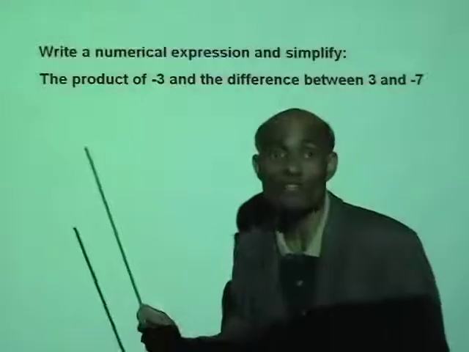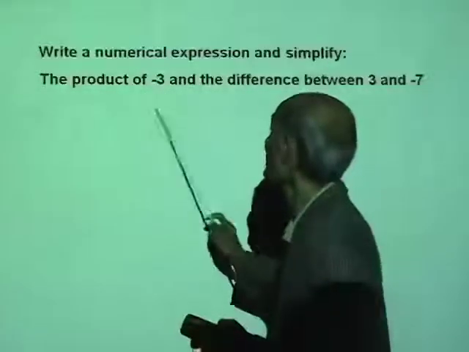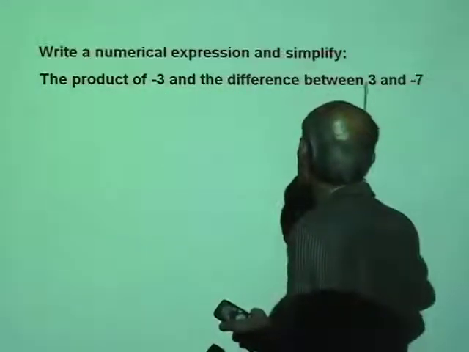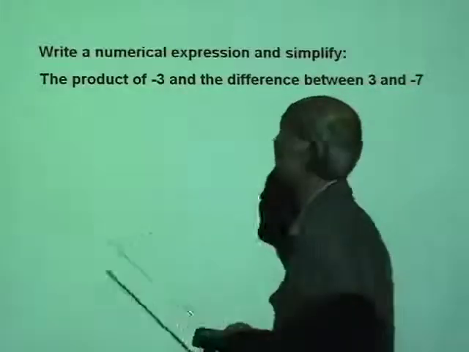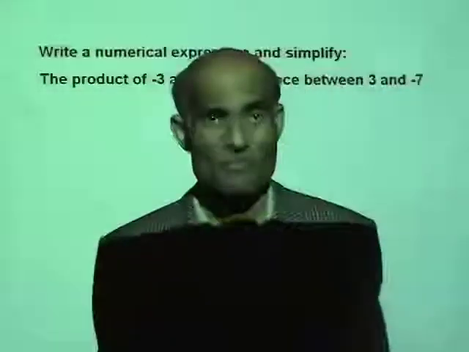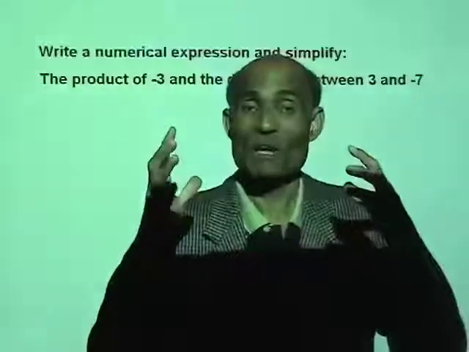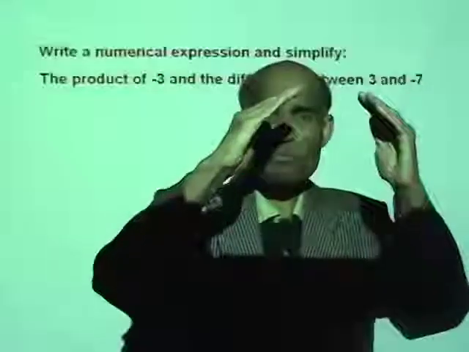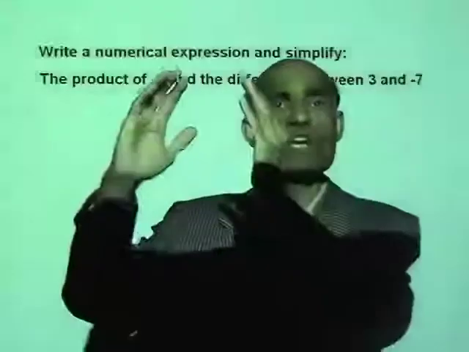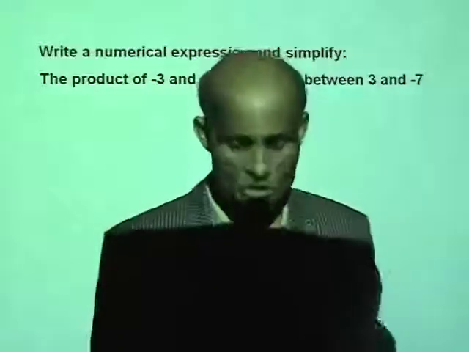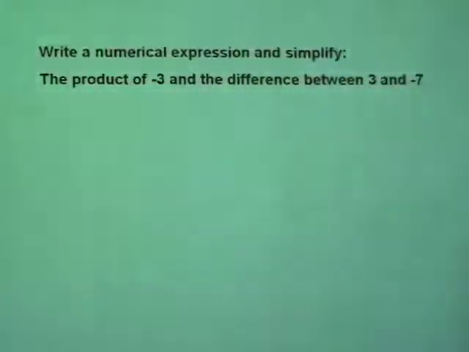The product of negative 3 and the difference between 3 and negative 7. You are told you need to find a product. A product is multiplying one quantity with another quantity. So it's always better to do this. Product.